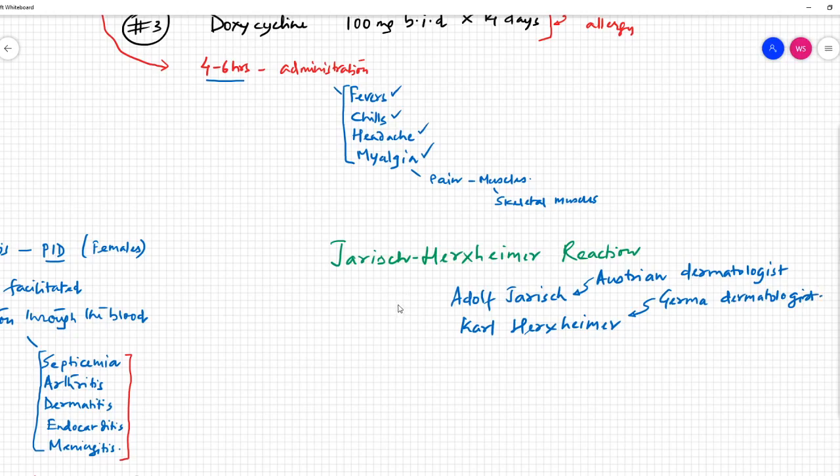They independently discovered it, they were not working together, because this one described it in 1895 and this one in I think 1902. So in honor of them, it is named Jarisch-Herxheimer reaction.